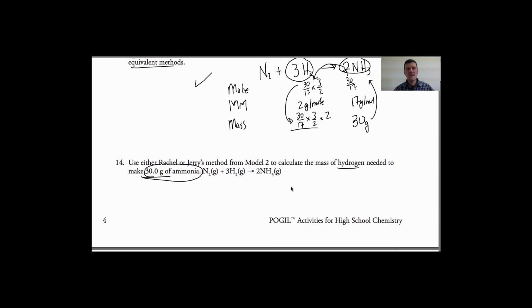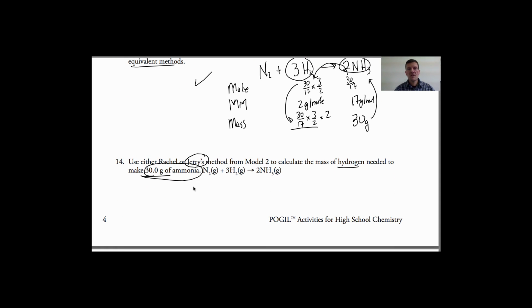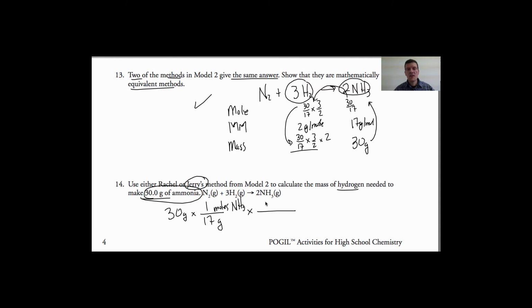So if you want to write that all out using Jerry's method, it looks like this. 30 grams, and then I'm going to multiply by 1 over 17, because that's grams to moles. This is for NH3. Then I'm going to use my mole ratio, and I have 3 moles of hydrogen for every 2 moles of ammonia.